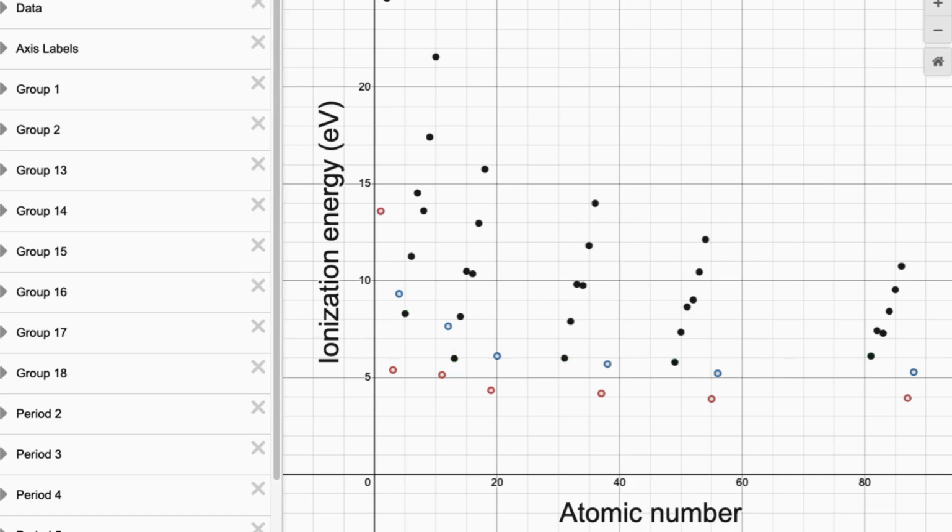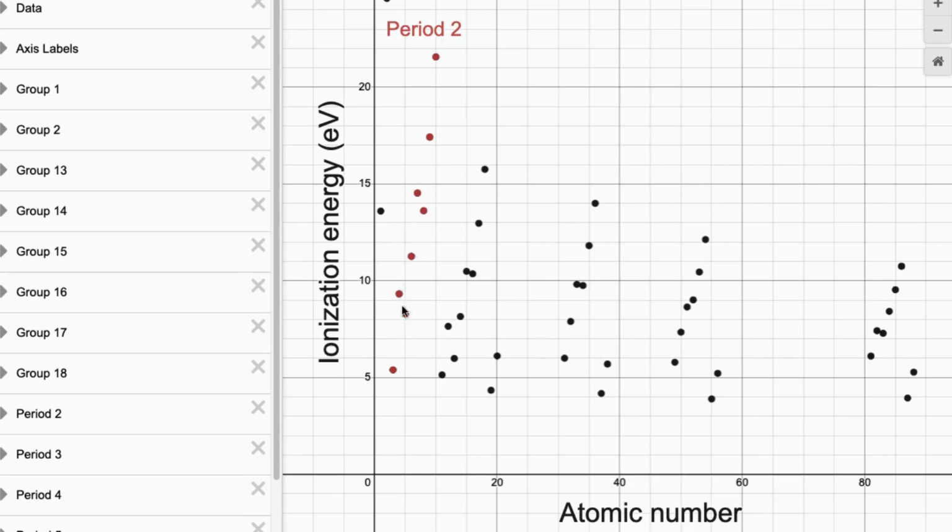Now let's look at the periods. Remember, the periods are the rows in the periodic table. If we look at that second row in the periodic table, as we go from left to right, it looks like, generally speaking, ionization energy is increasing. It becomes harder and harder to remove that highest energy electron. Now, there are some anomalies here.